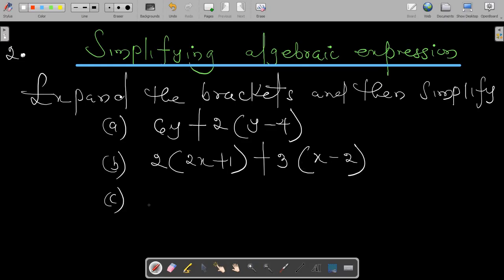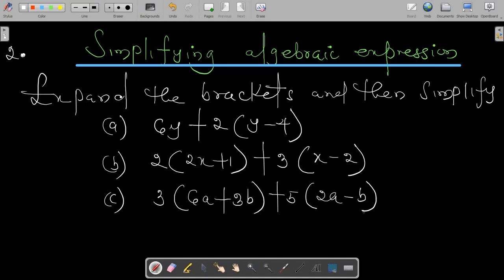C: 3 into bracket 6a plus 3b, then plus 5 into bracket 2a minus b.